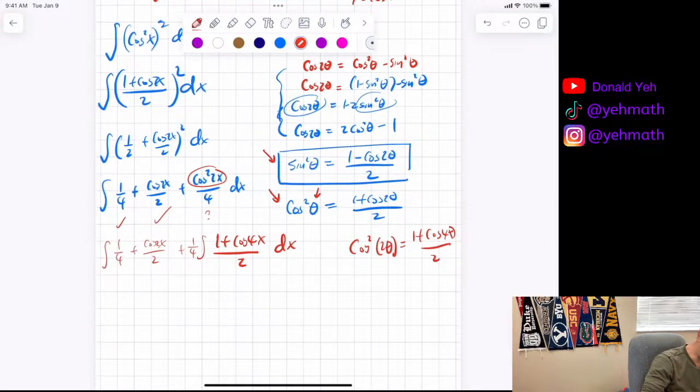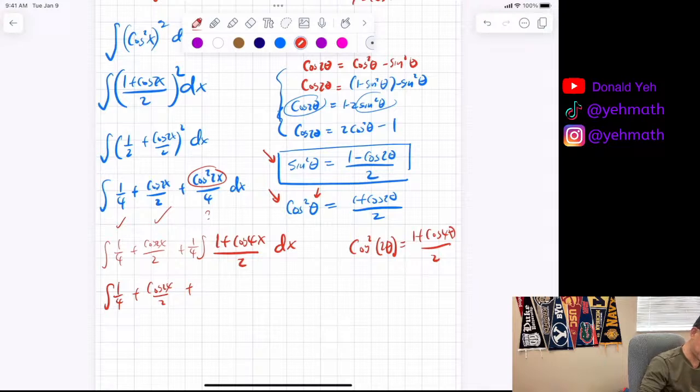We can split that. So it'll be 1 over 4 plus cosine 2x over 2 plus 1/4 times 1/2. So what's 1/4 times 1/2?